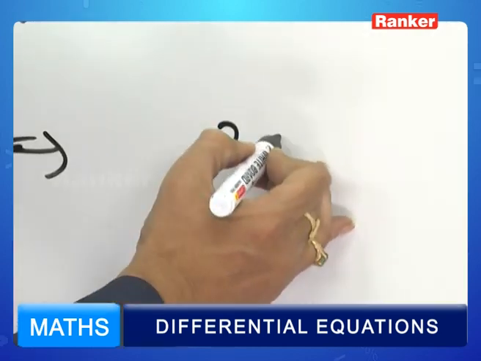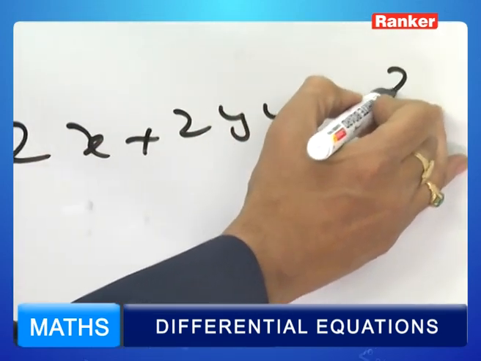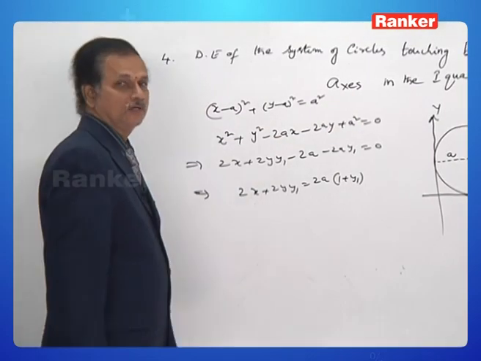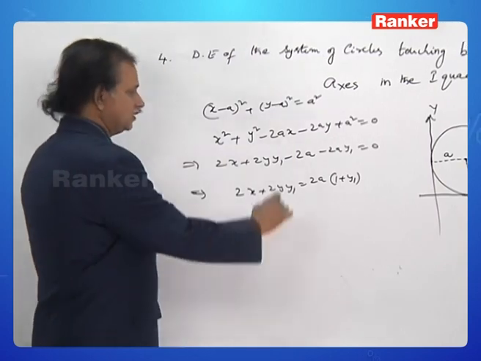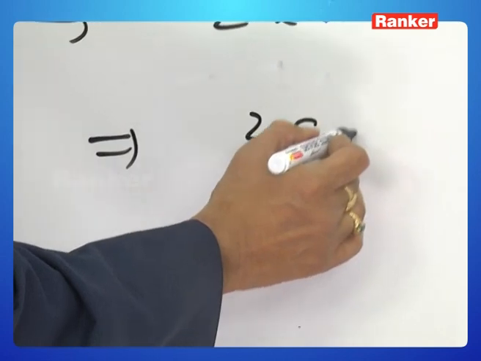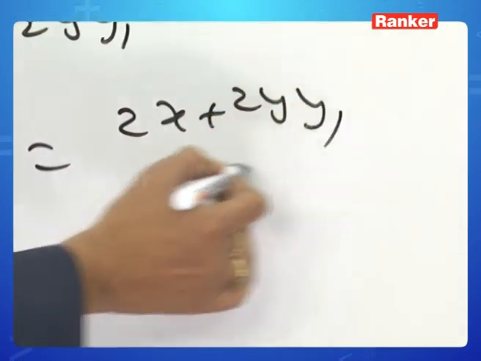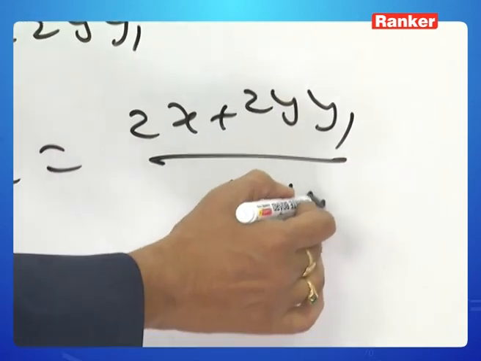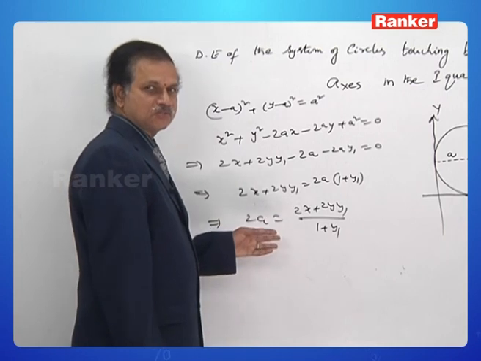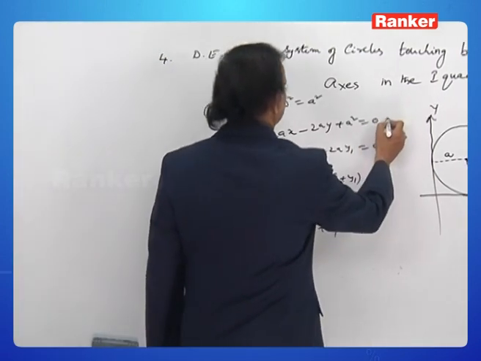So 2x + 2y y1 = 2a(1 + y1). Sending this to that side, 2a = (2x + 2y y1)/(1 + y1). And we are supposed to substitute this 2a in the given equation.